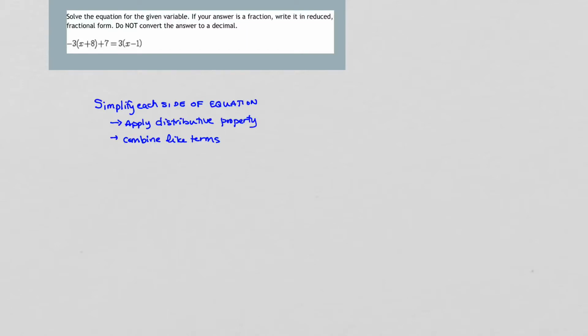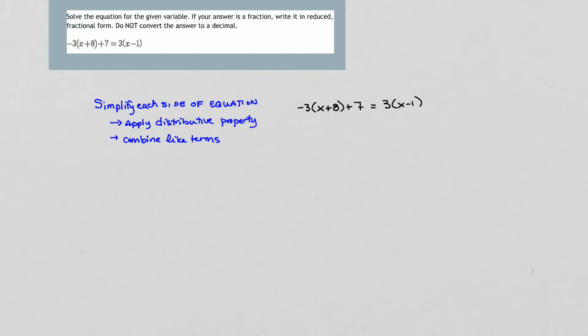Our equation is negative 3 times the quantity x plus 8 plus 7, that's on the left side, equals 3 times the quantity x minus 1 on the right side. Now I want to start by simplifying each side of the equation. And doing so, I want to apply the distributive property.